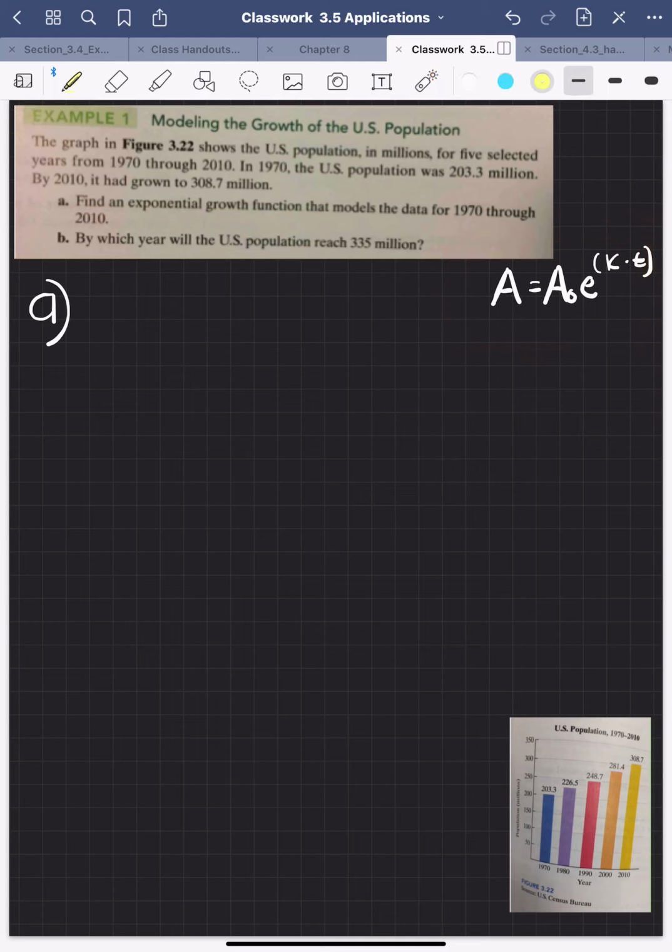All right. So I think we kind of understand what it is they want from us. All I'm going to do right now is just take some quick notes. So we got 1970 with a population of 203.3 million, and 2010, we had a population of 308.7.